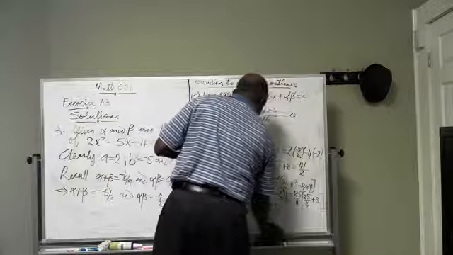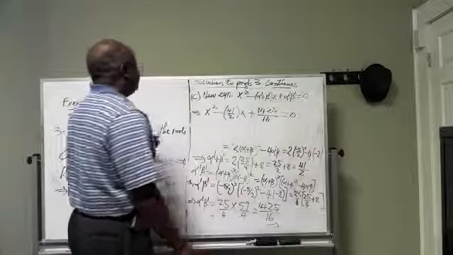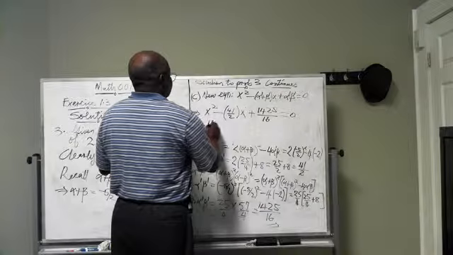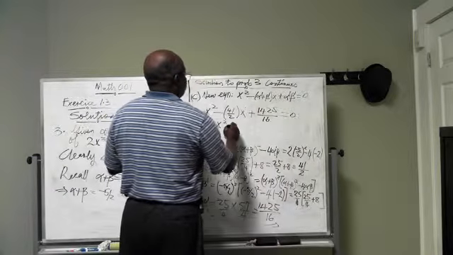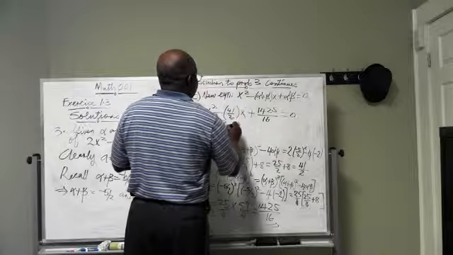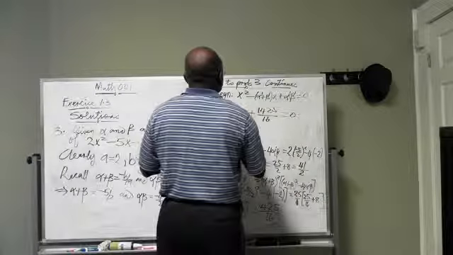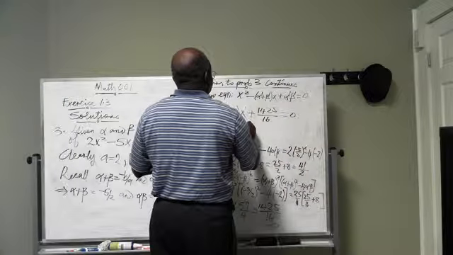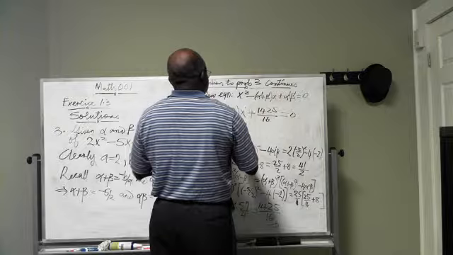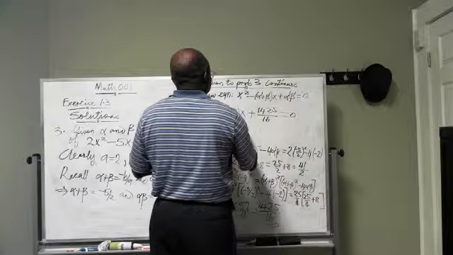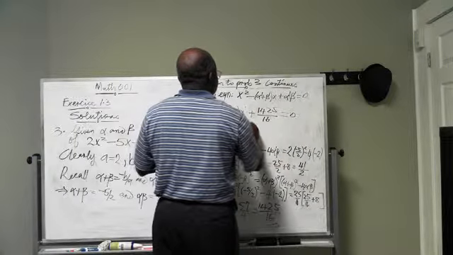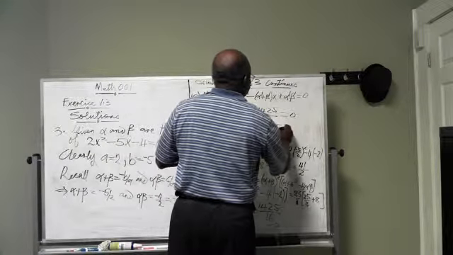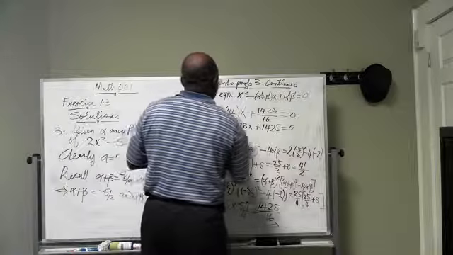Upon further simplification, we have 16x squared minus 328x plus 1425 equals 0, and that is our new equation.